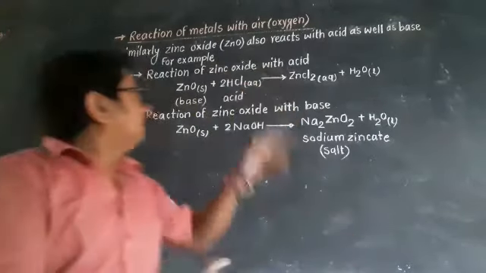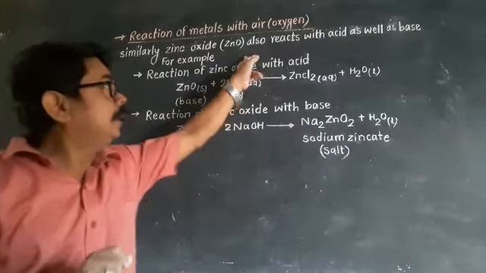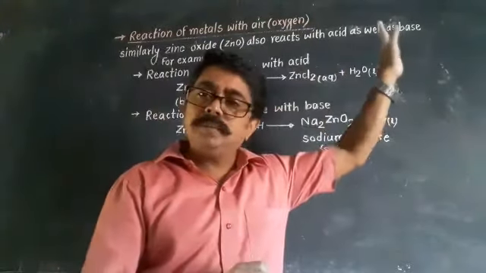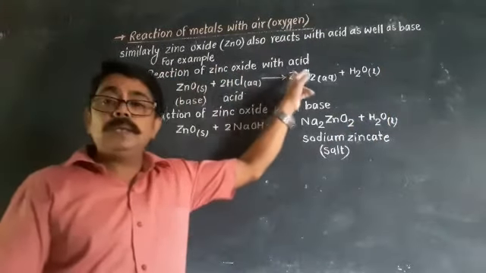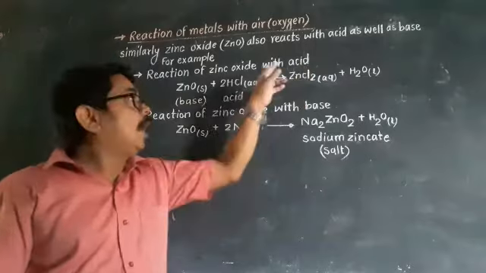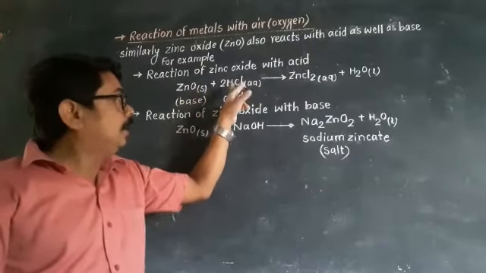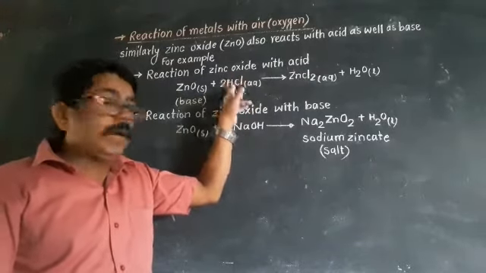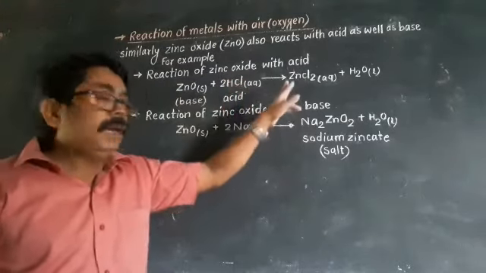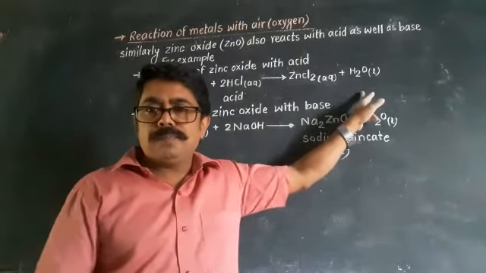See. Similarly, zinc oxide, another amphoteric oxide, reacts with acid as well as base. For example, reaction of zinc oxide with acid. First we will see how with acid it reacts. ZnO, zinc oxide, when it reacts with HCl, hydrochloric acid, it forms zinc chloride, ZnCl2, and H2O.